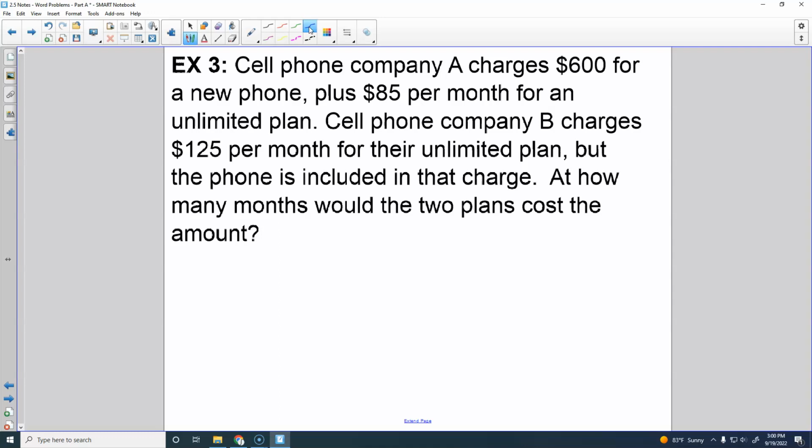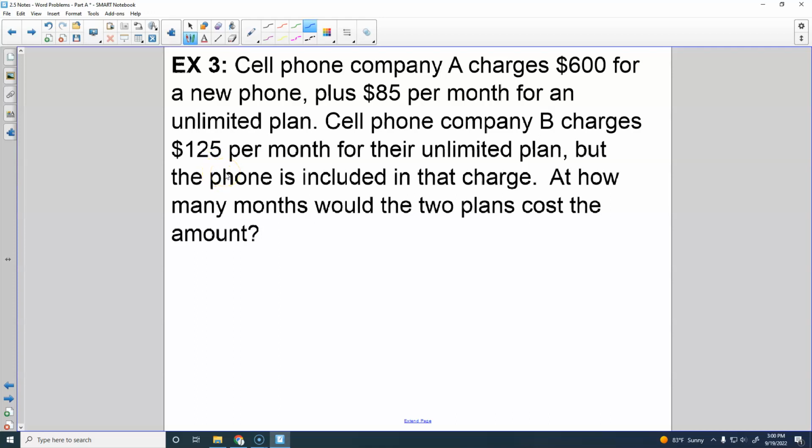Because if you were only going to have your cell phone plan for 1 month, right? For company A, you would have to pay $600 for the phone and then $85 for your 1 month. So the first month is going to cost you $685, right? Company B would only charge you $125.